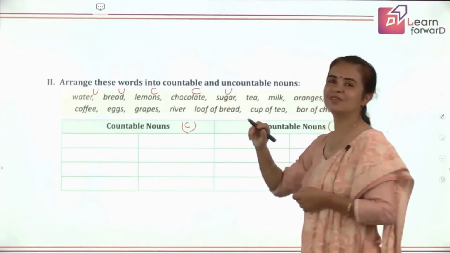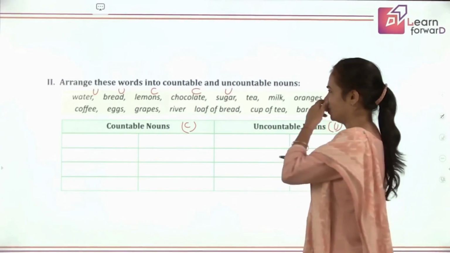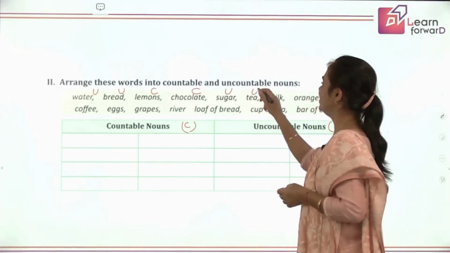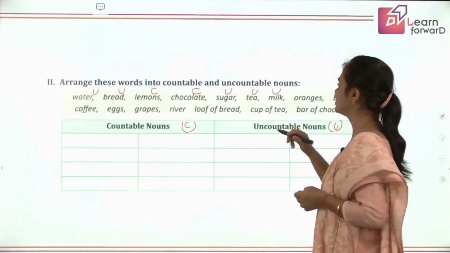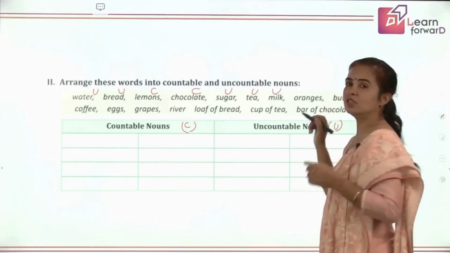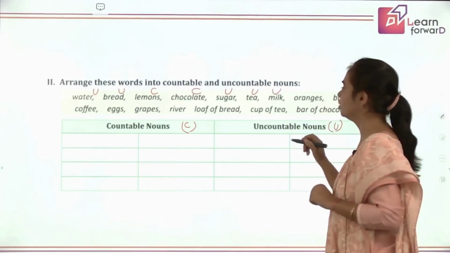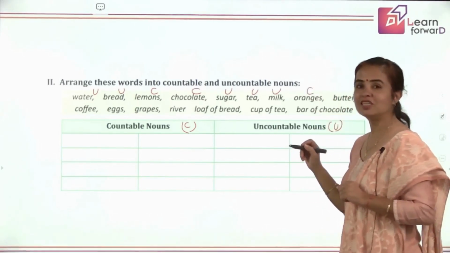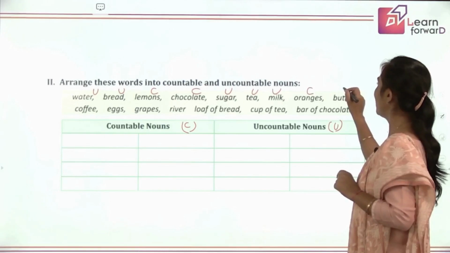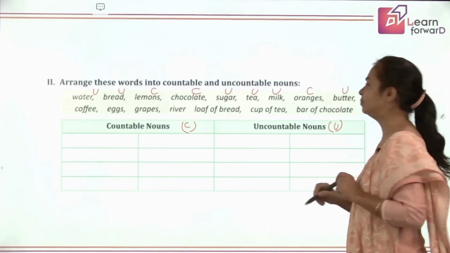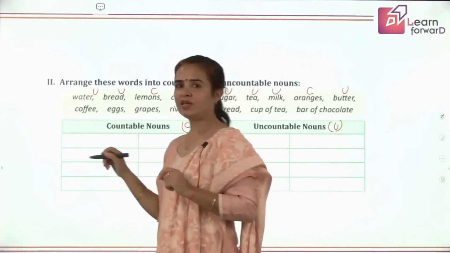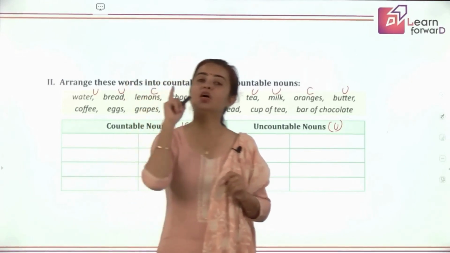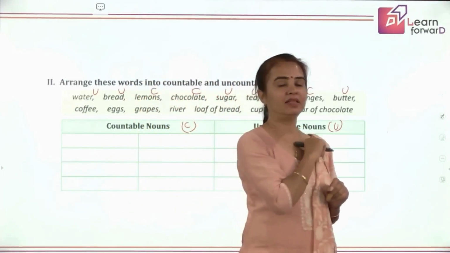I just told you and you are shouting from there, it's uncountable. Yes, all these. Yes, brilliant students. So that means you have understood what are countables and uncountables. It is the plural. I just mentioned about bread and butter. So how can this be countable? Coffee. No, it's the coffee beans that are countable.